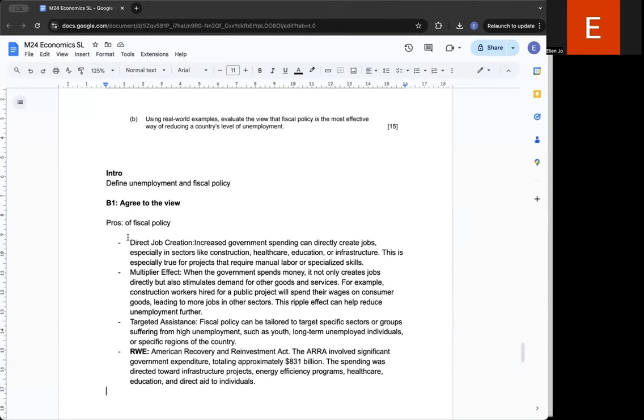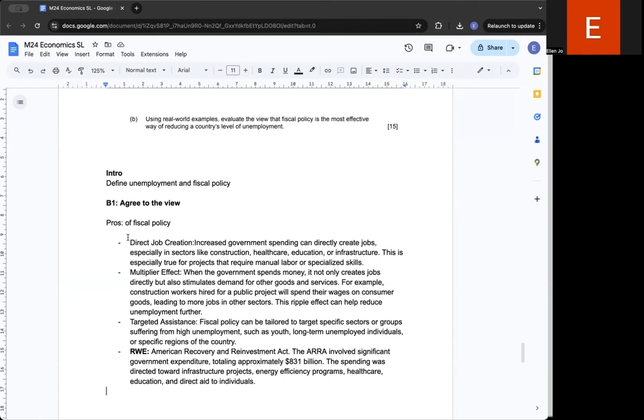First, expansionary fiscal policy, such as increasing government spending, can directly create jobs, especially in sectors like construction, healthcare, education, or infrastructure. This is especially true for projects that require manual labor or specialized skills. Also, when the government spends money, it not only creates jobs directly, but also stimulates demand for other goods and services.